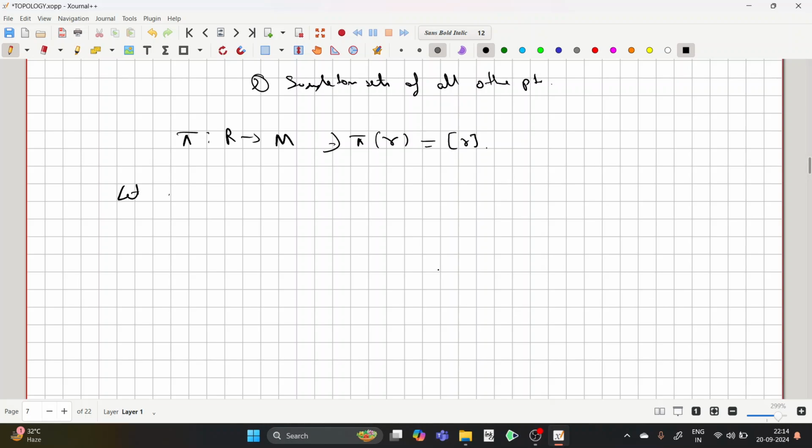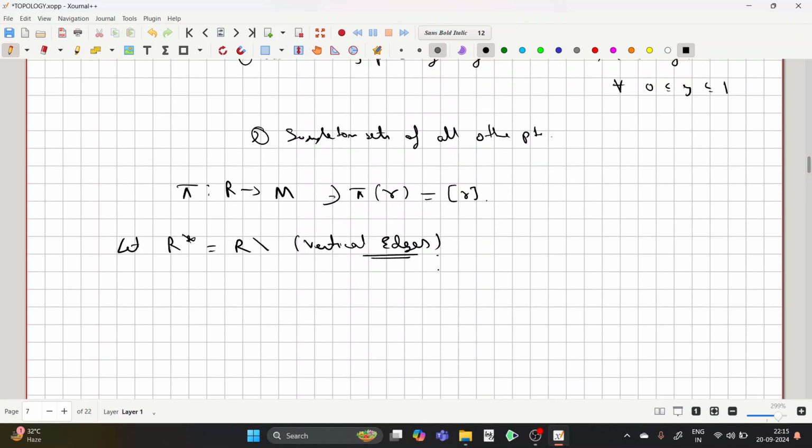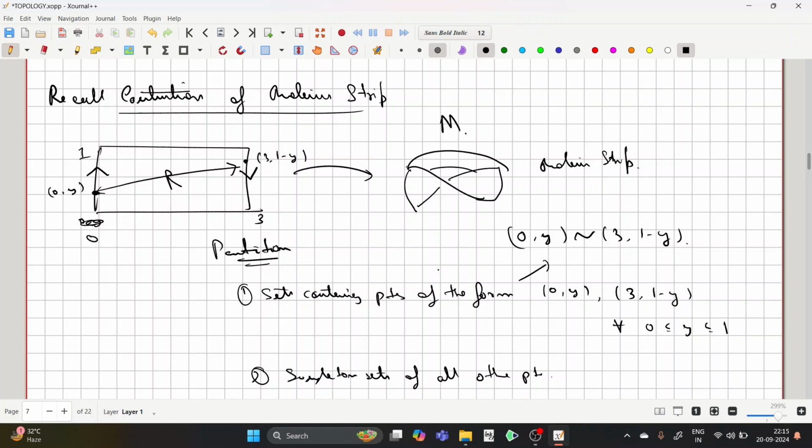Now let R star be R minus the vertical edges. I am just considering this space excluding these vertical edges.